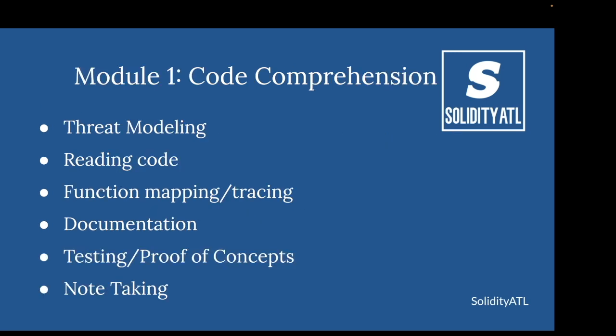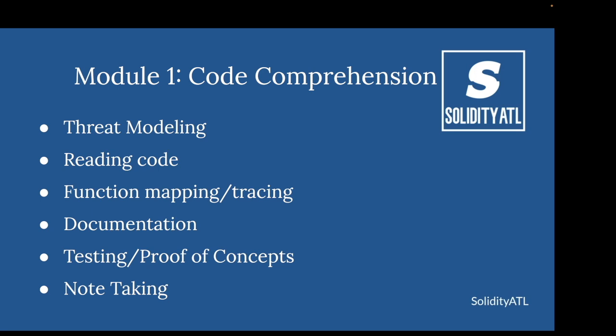In the first module of this lesson, we'll be going through the concept of code comprehension and some of the things that we do to systematically come into a new code base and build up an understanding well enough to find vulnerabilities.